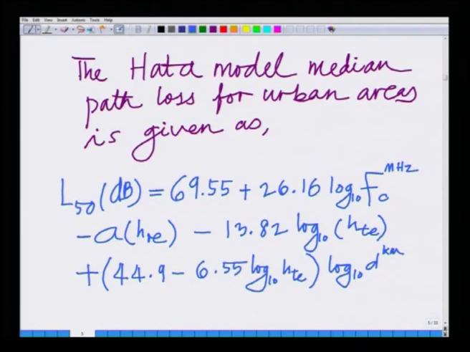Okay. So, this is the expression for the path loss. The model gives the 50th percentile path loss using this expression.